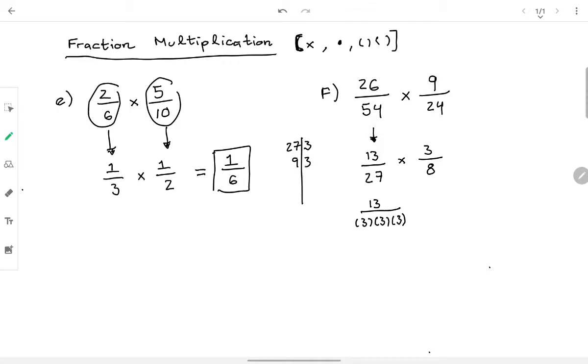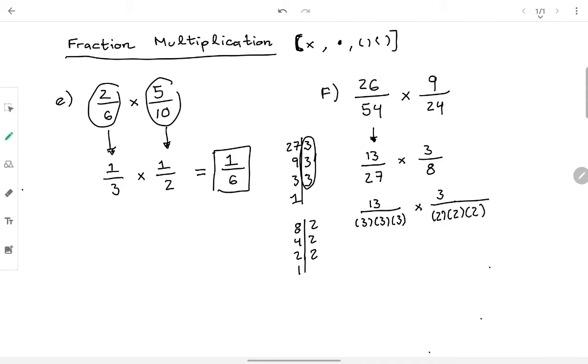That will give us 9, that will give us 3, that will give us 1. So 27 is decomposed in 3 multiplied by 3 multiplied by 3. We can do the same. Number 3 cannot get decomposed. Number 8 can get decomposed. It's 4, 2, and 1. That will give us 2 times 2 times 2.